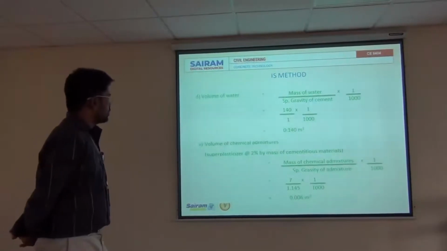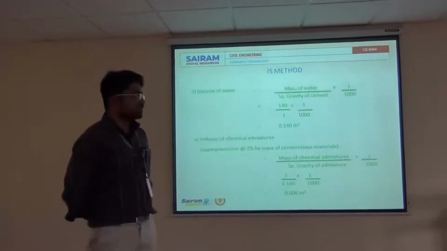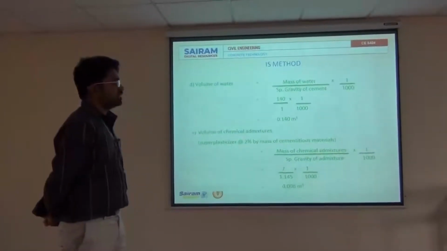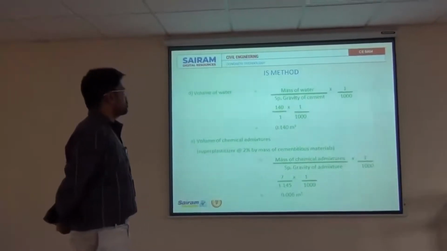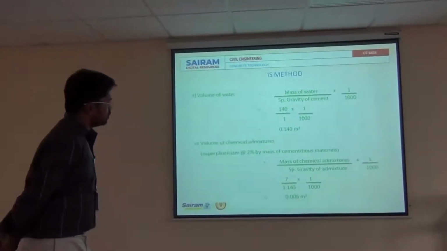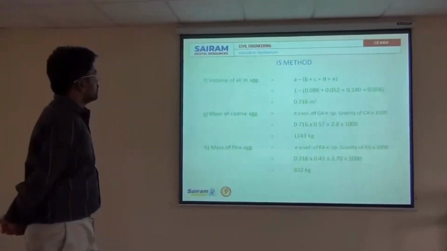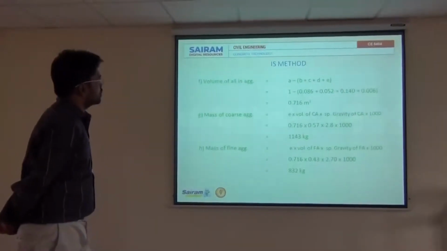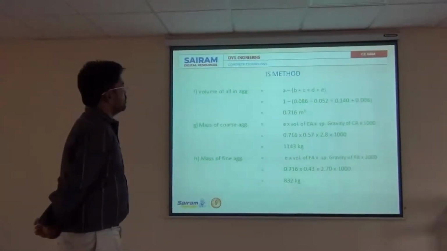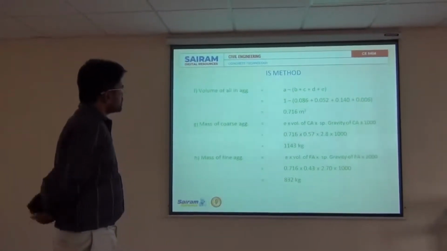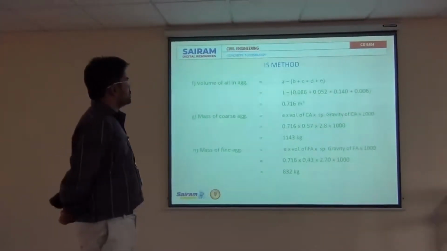Then volume of chemical admixture, superplasticizer, 2% by mass of cementitious material. Here the mass of cementitious material is 385. So 2% of 385 gives 7.7. Then 7.7 divided by 1.145 into 1 by 1000, so you get 0.006 meter cube. Then volume of fine aggregate: total volume of concrete, deduct the volume of cement, water, admixtures and fly ash, and you get 0.716 meter cube.